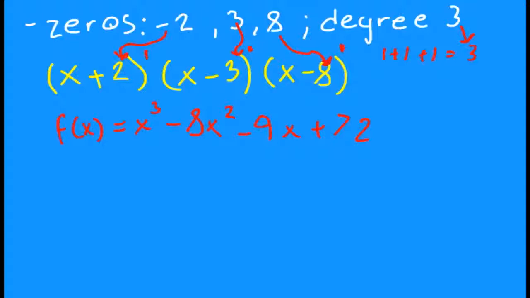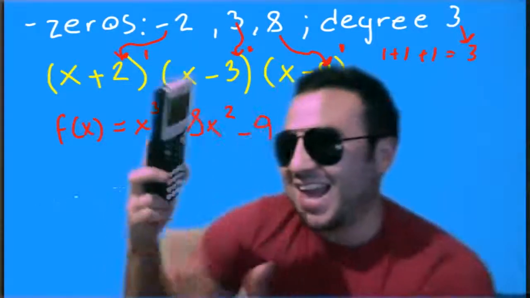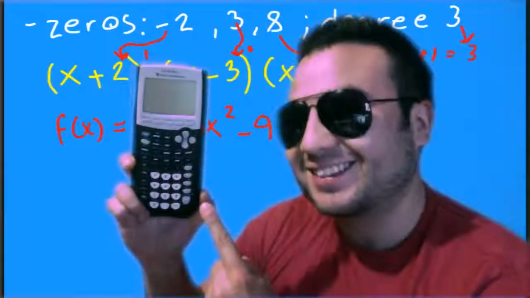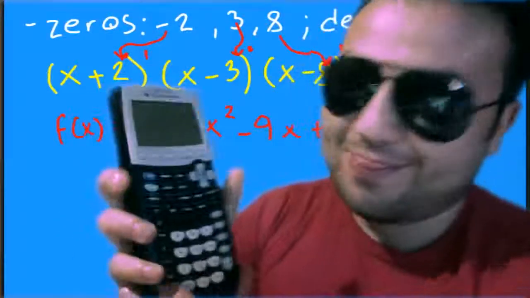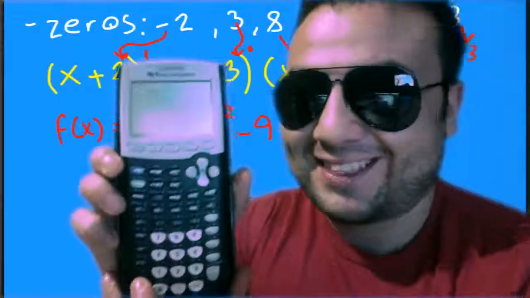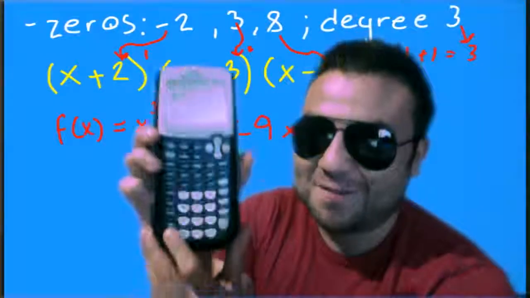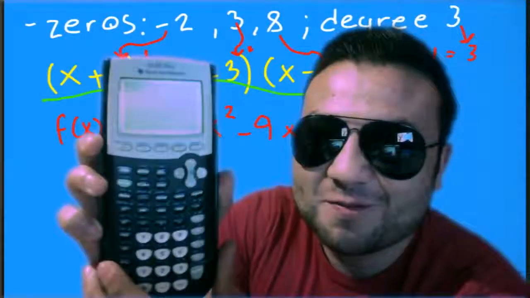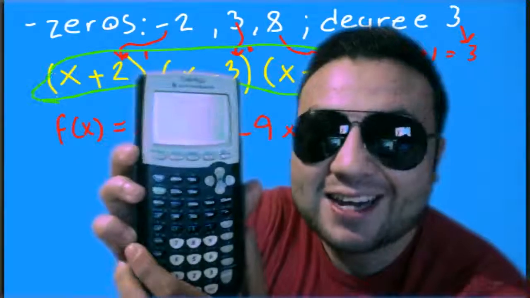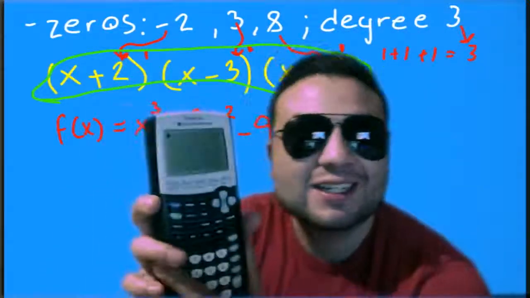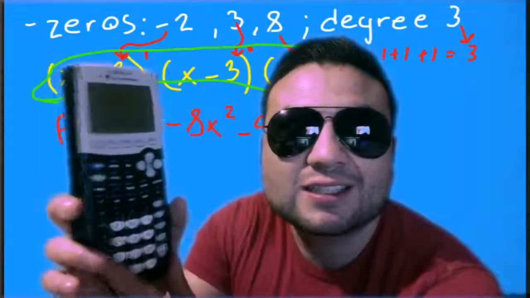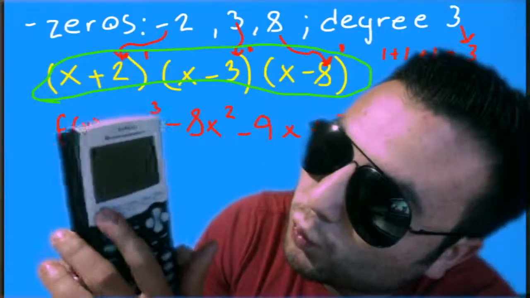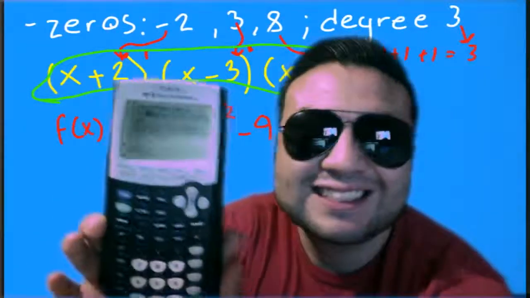So you don't have the time, you don't want to do that, then just take out your graphing calculator and you are going to graph this. You're going to input this in the y. So y equals x plus 2, x minus 3, and x minus 8.